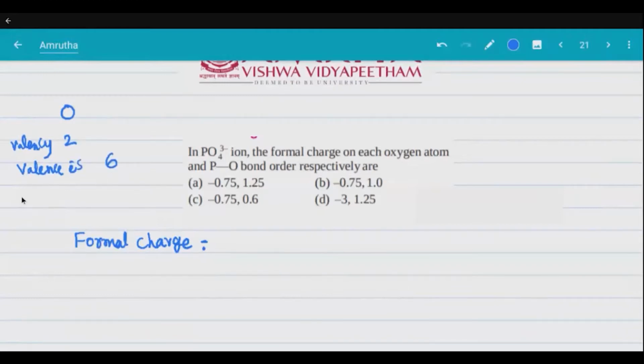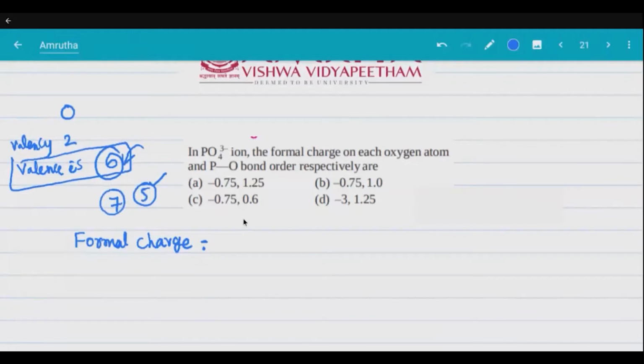Now, how many electrons it is getting in the compound, that will decide the charge. Suppose if it gets 7 electrons instead of 6, now the charge will be minus. But if it gets only 5 electrons, charge will be plus. So based on these valence electrons, we will calculate formal charge.